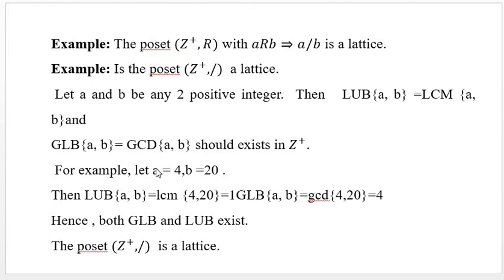For example, A equal to 4 and B equal to 20, then LUB(A, B) equals LCM of 4, 20, and GLB(A, B) is GCD of 4, 20. So both exist, therefore it is a lattice.